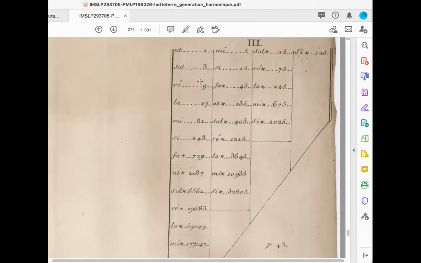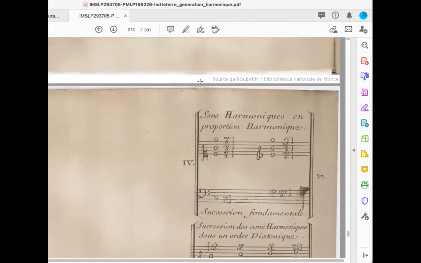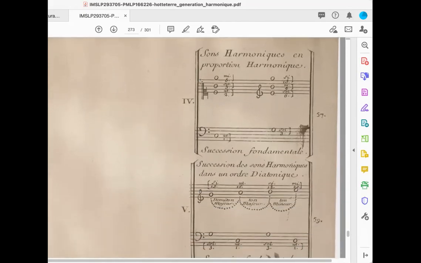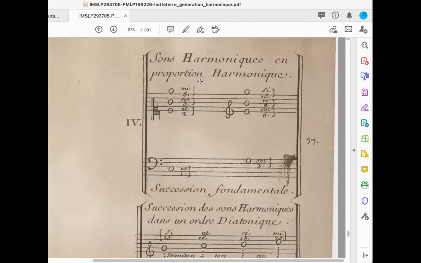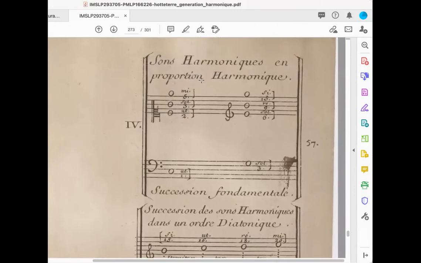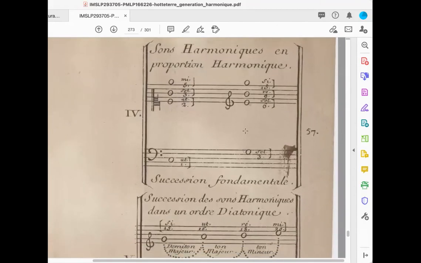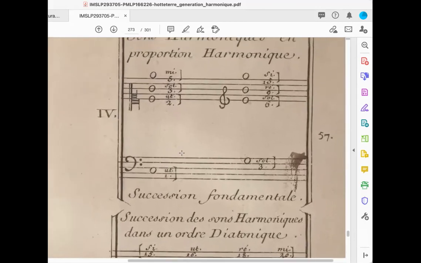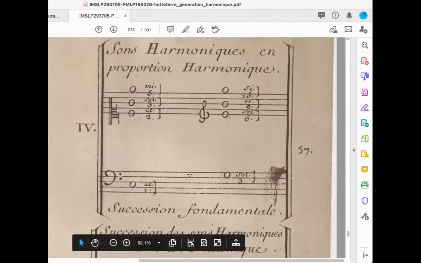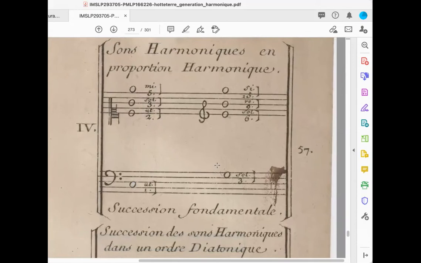So we're going to take the fifth as our basic model of progression. Now, Rameau points out that if we move from a root to a fifth, which is what's shown here, each of those is in fact a fundamental sound. So here we've got C moving to G.